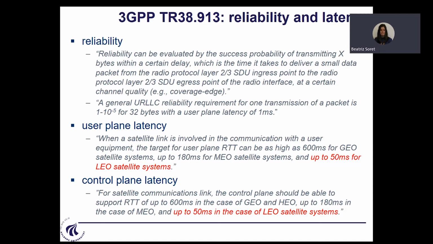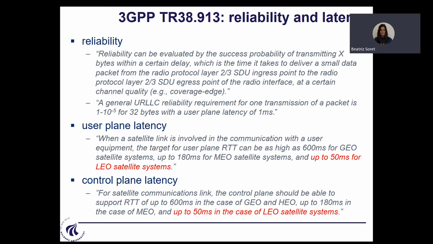So still the 10 to the -5 with a user plane latency of 1 millisecond seems to be the only one that is mentioned. There is also V2X, but it's not applicable here. So of course, if we keep the 1 millisecond, there is no way we can do this with satellite, because the propagation delay is already higher than this.